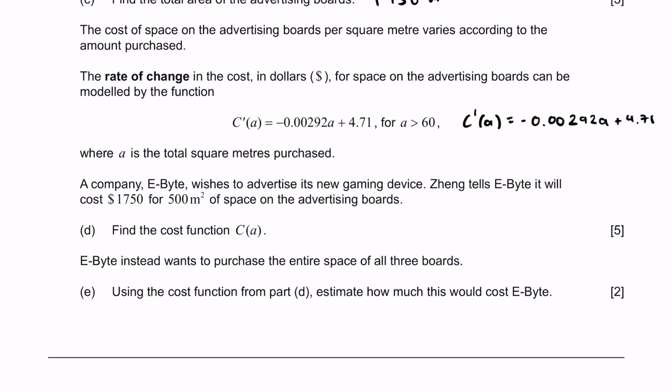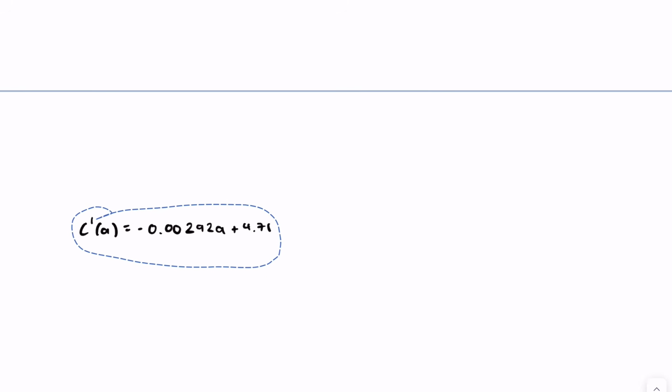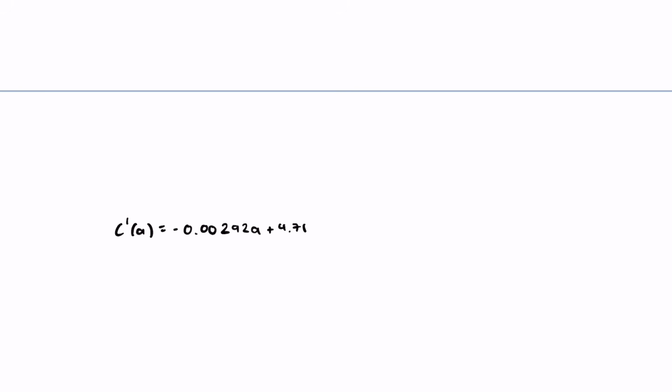All right, so here's our derivative, and we want to find C of A. Usually we have some function, and then we take the derivative, we find C' of A. But in this case, we have the derivative, and we want to find the original function.